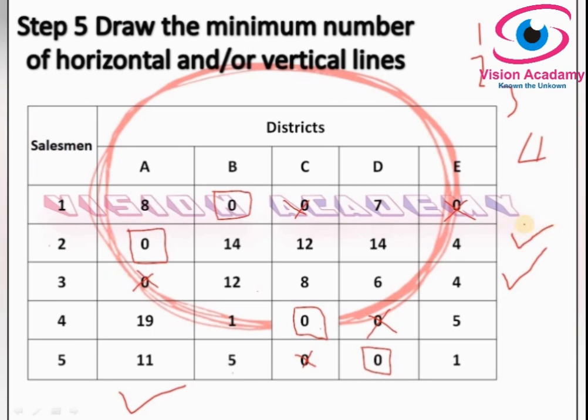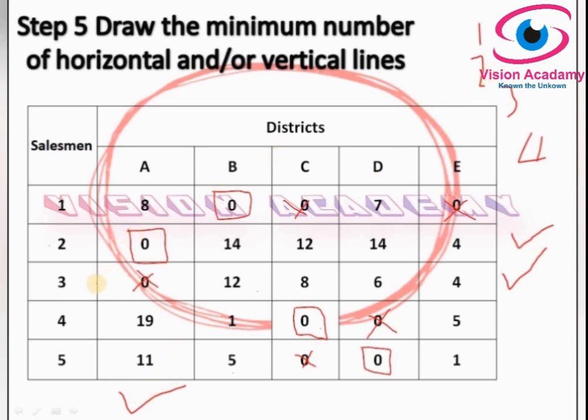In the marked columns, I should check whether there is an assignment. If there is an assignment, I should tick mark that row. So this tick mark is 5.3, this tick mark is 5.1, and this tick mark is 5.2.